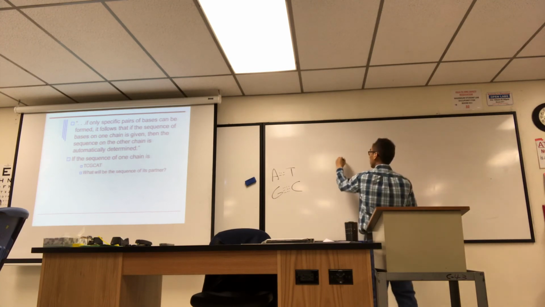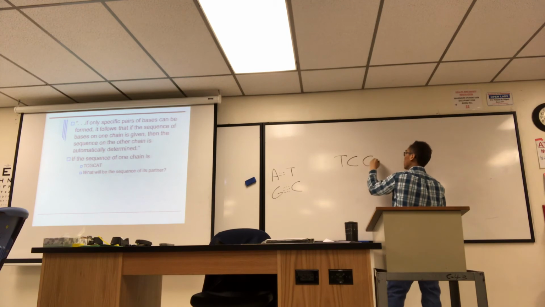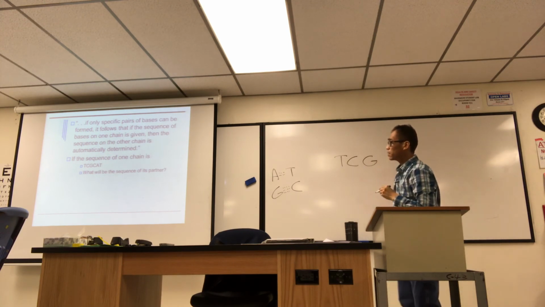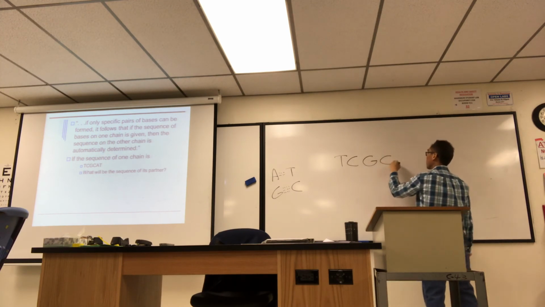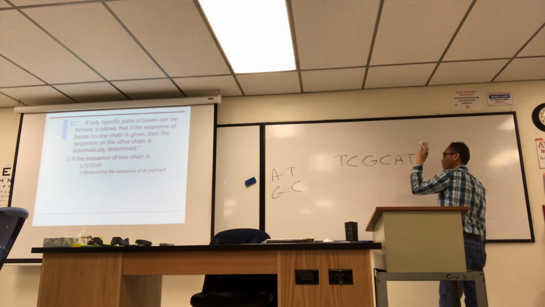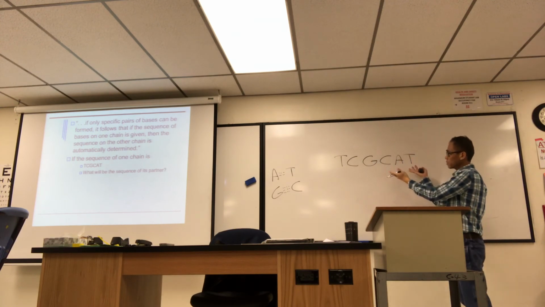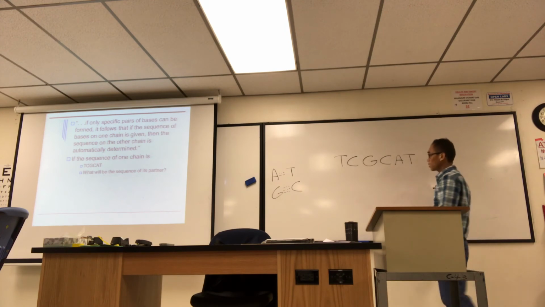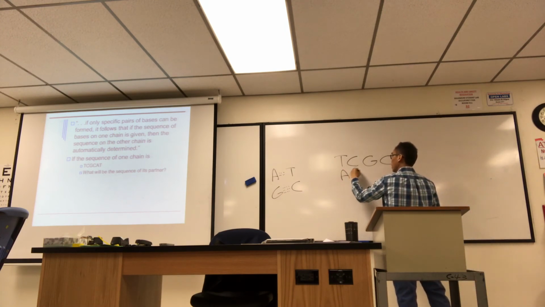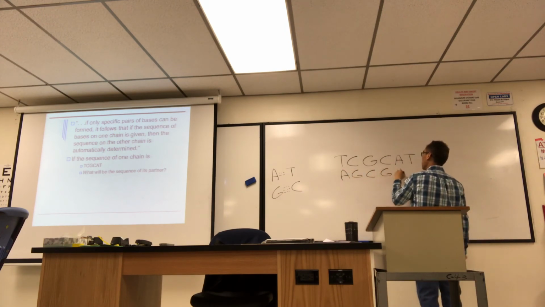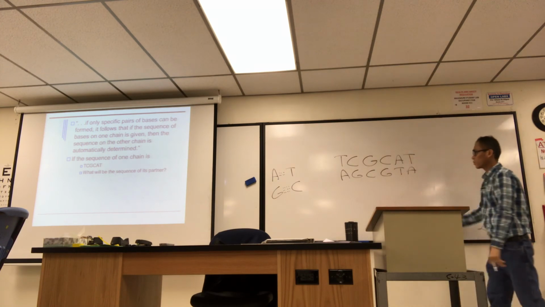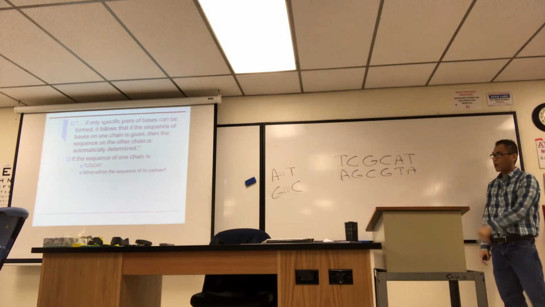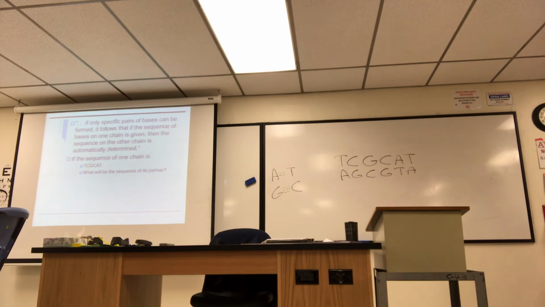TCG CAT. If I give you one nucleotide sequence, the other is determined, right? Because T always goes with A, G, C, G, T, A. Oh, I determined the other one. So if you know how the bases are paired.